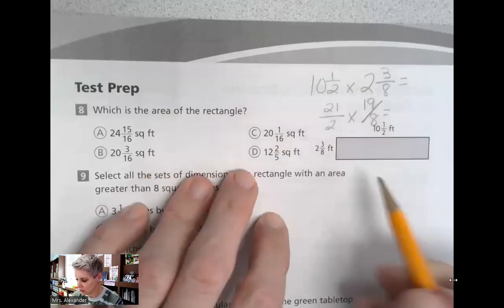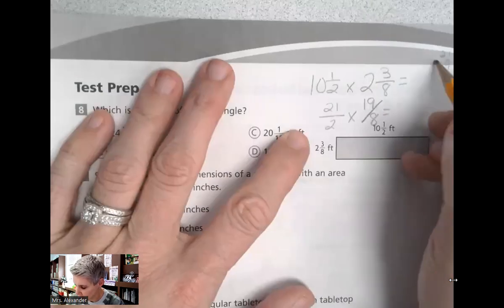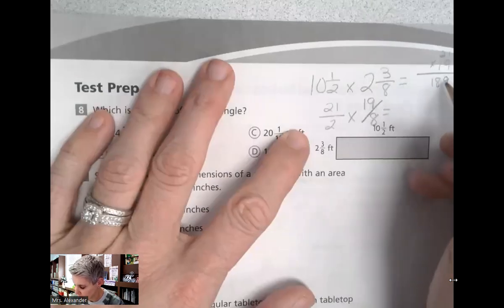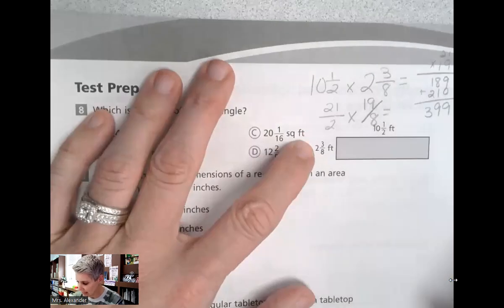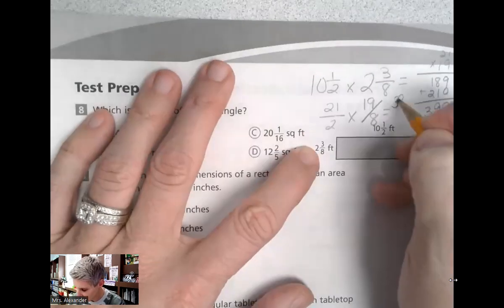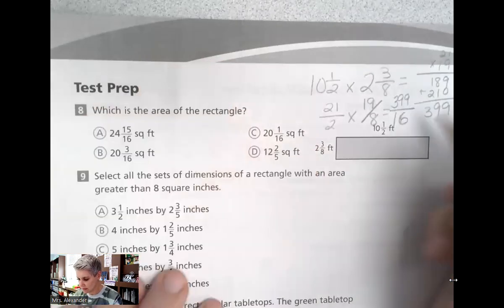Okay, I need to do 19 times 21. 9, 18, 0 placeholder, 1, 2, add them up. Looks like I have 399 sixteenths.